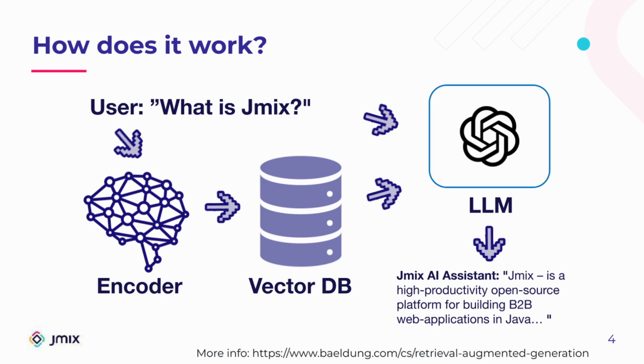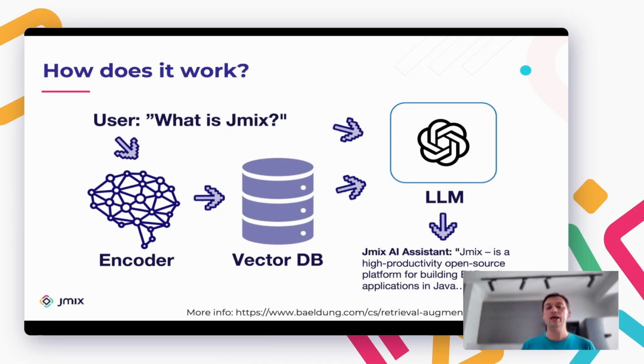Then another AI agent searches for the most relevant data sources, another makes the final decision about what type of resource is the most relevant to the question you've asked, and finally writes the answer. You can find the link at the bottom of my slide on the Vaadin website, where you can find relevant information about how this technology actually works.